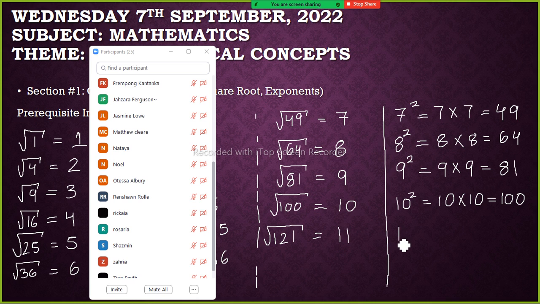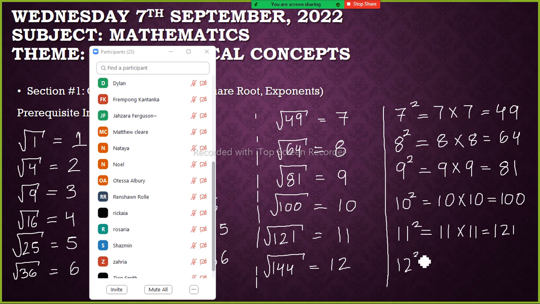Because 11 squared is going to be 11 times 11, which is 121. Then we have the square root of 144, which is 12, because 12 squared equals 12 times 12, which is what? 144.